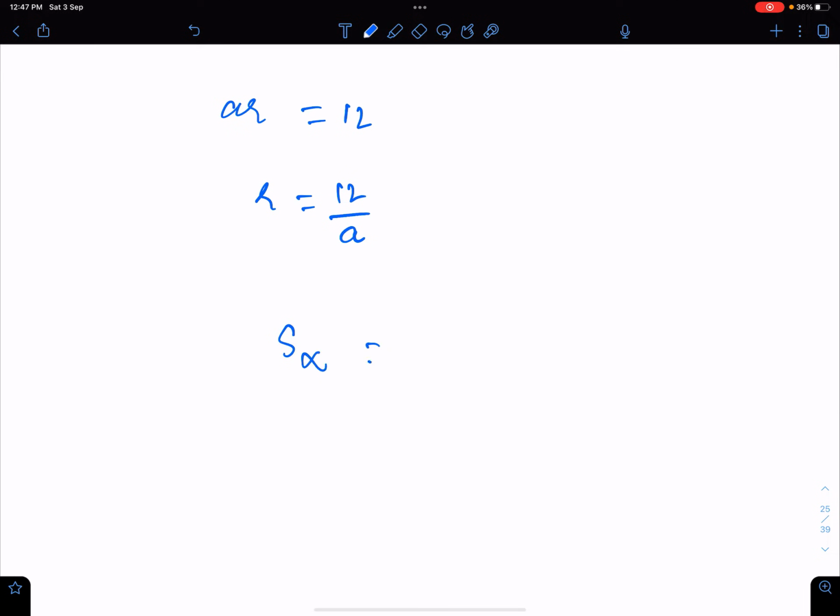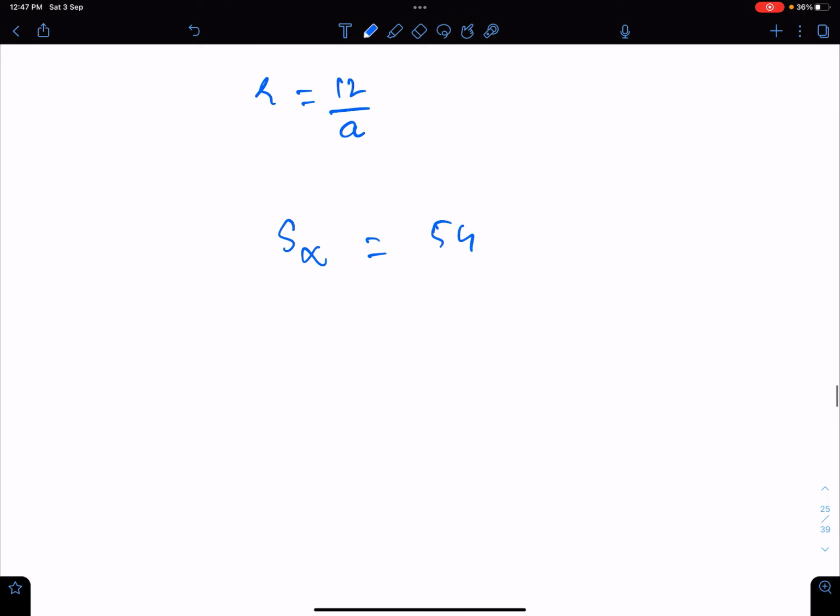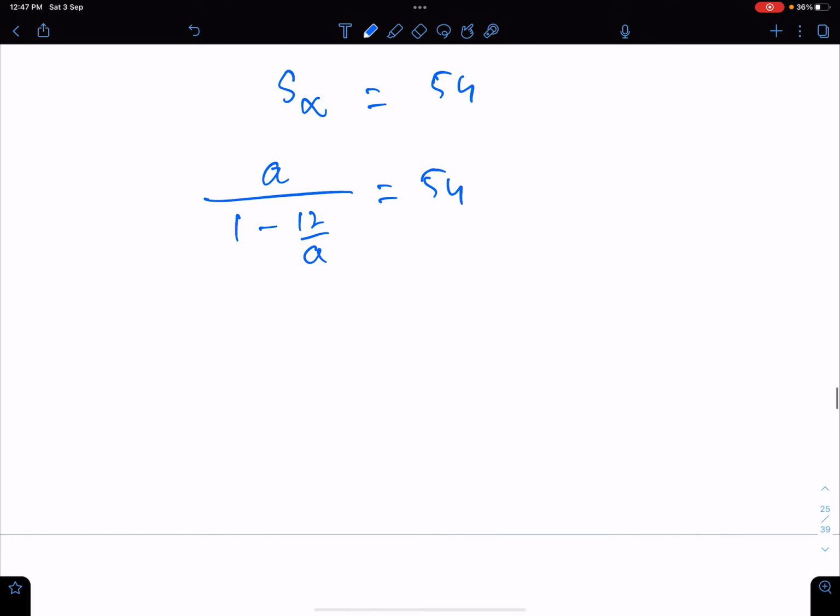S infinity is 54, so A upon 1 minus R, and R is 1 minus 12 upon A. When we solve this, we'll get two values of A, and those values of A are 36 and 18.